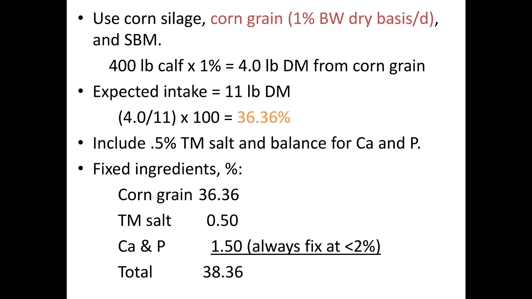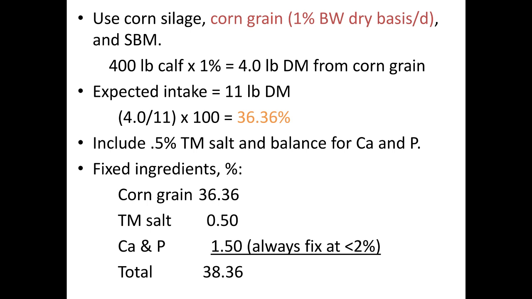In other words, I'm leaving that space there, so at the very end there's room for me to balance for calcium and phosphorus if I need to with the defluorinated phosphate and the limestone. Please let me know if that doesn't make sense. We always want to leave a little bit of room. As a rule of thumb, I fix less than 2% so that I've got room at the end of the formulation to balance for my calcium and phosphorus.